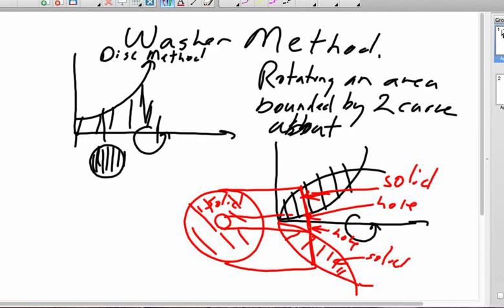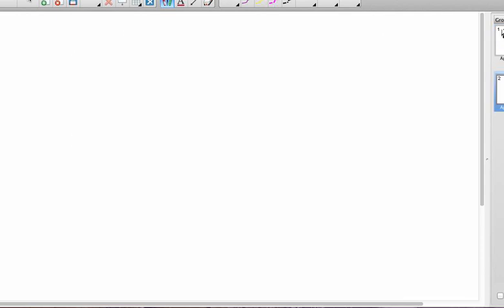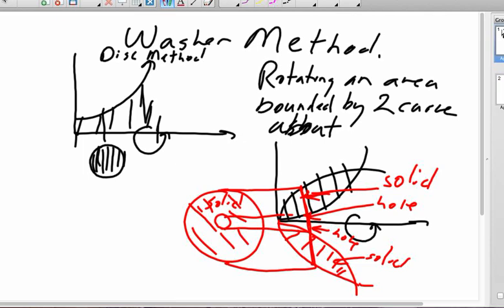The thinking is very similar to what we did on the last one.